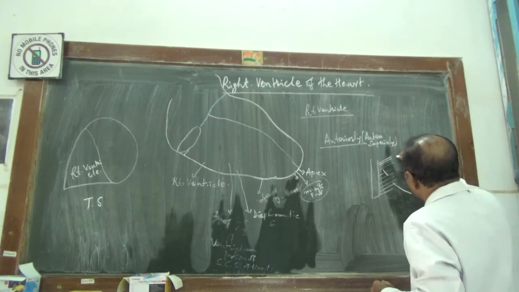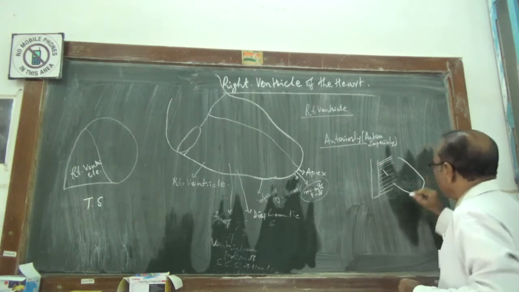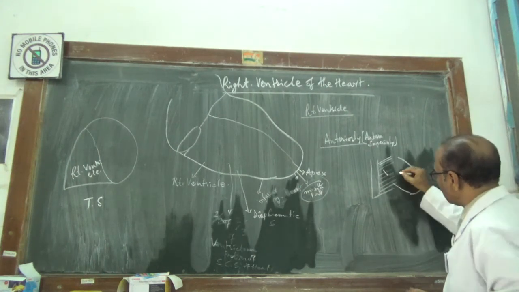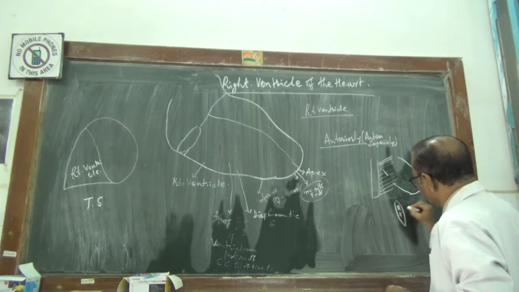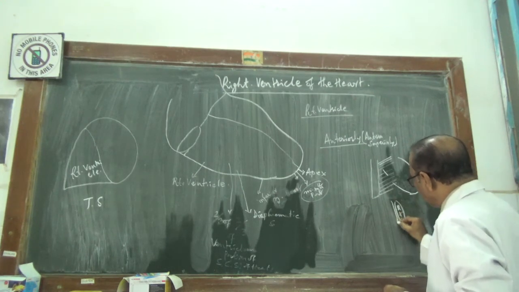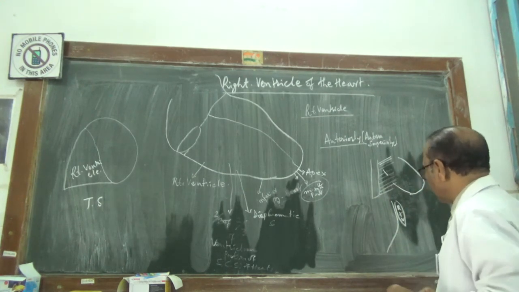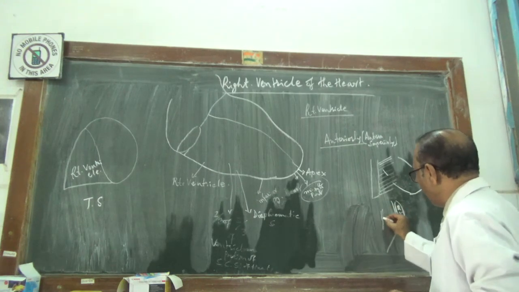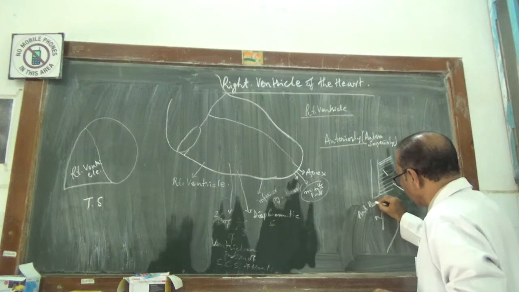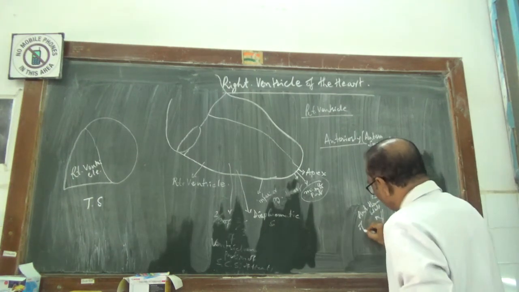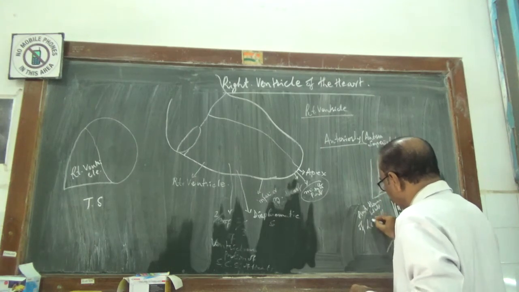So this is the right ventricle. Anteriorly it is related to the anterior thoracic wall, especially of the left part.